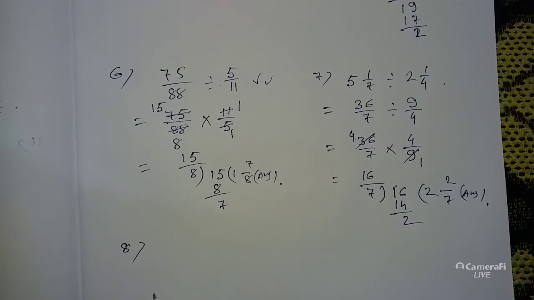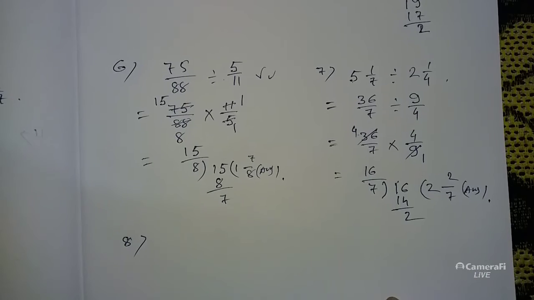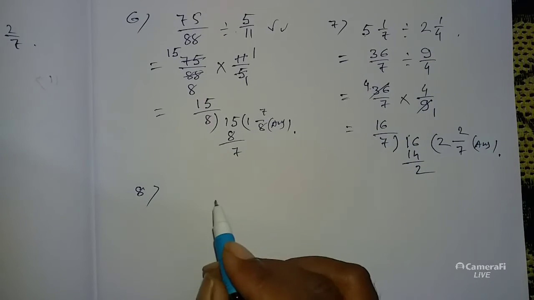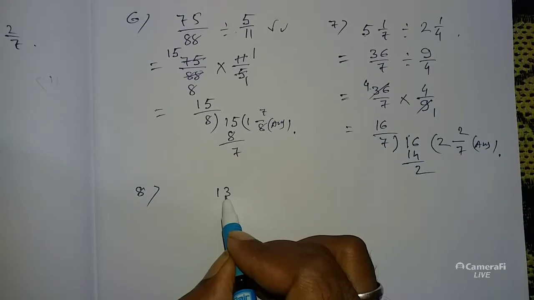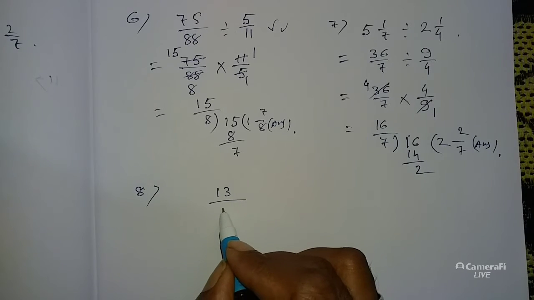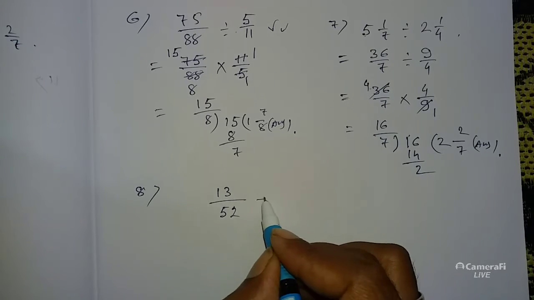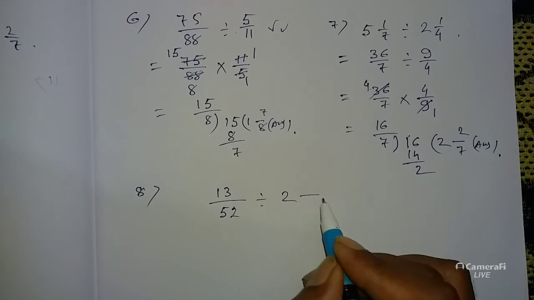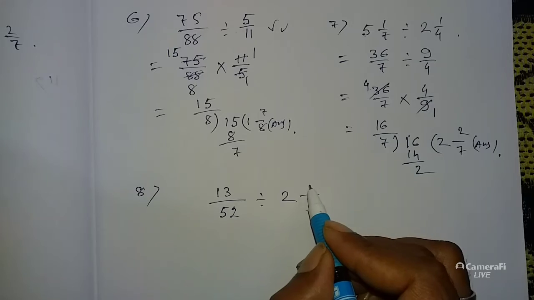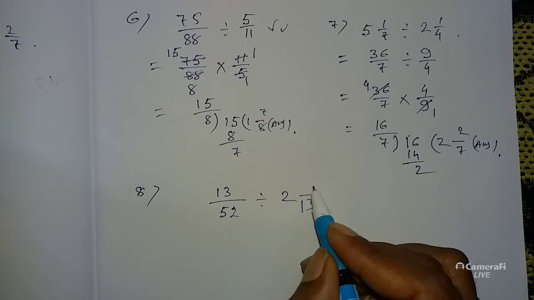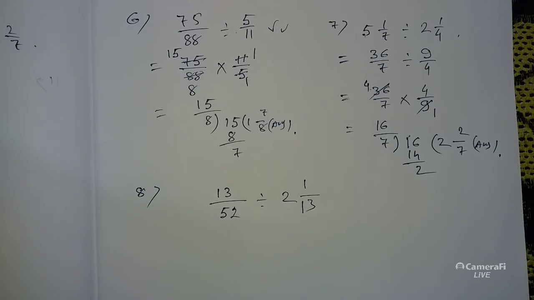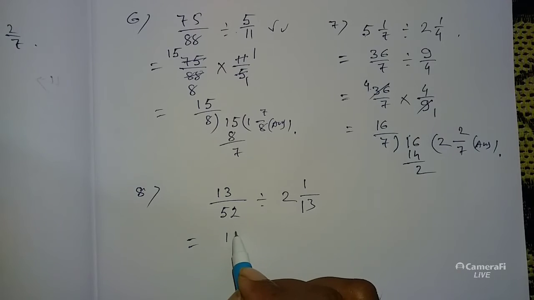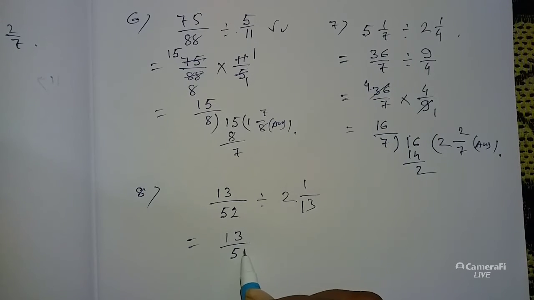Let us take another example, number 11. Suppose the fraction is 13 by 52 divided by 2 whole 1 by 13. Now the first fraction remains the same as it is.